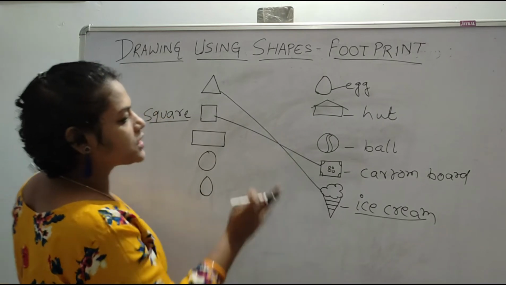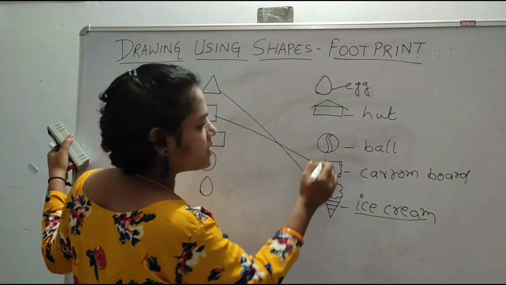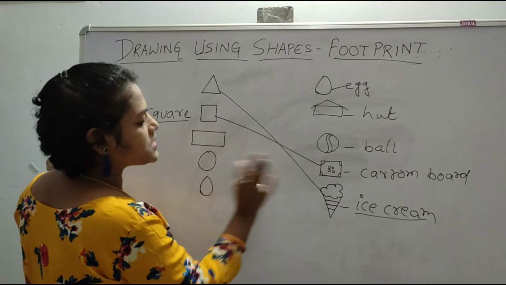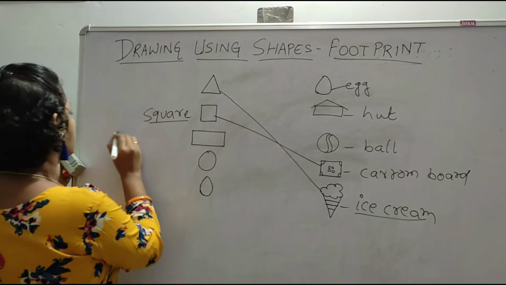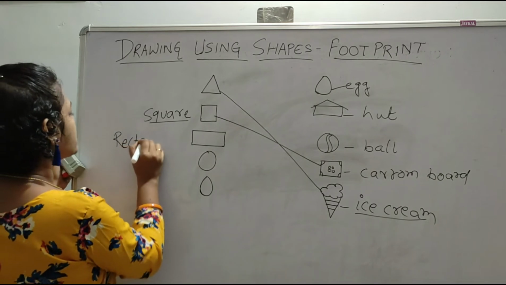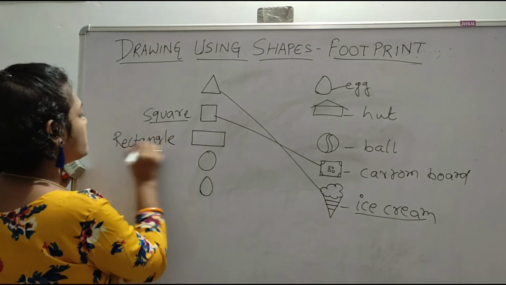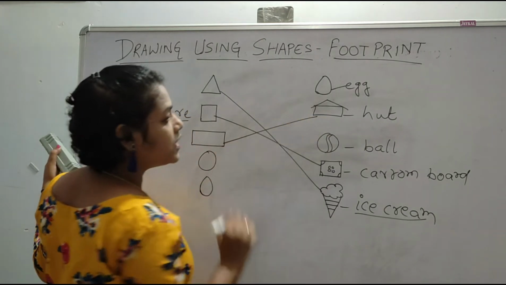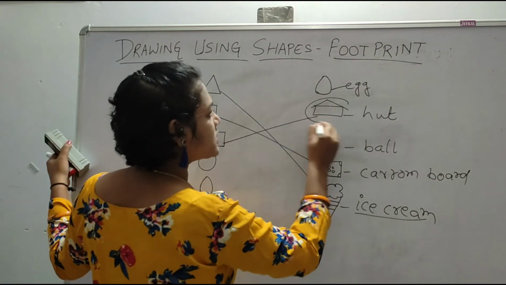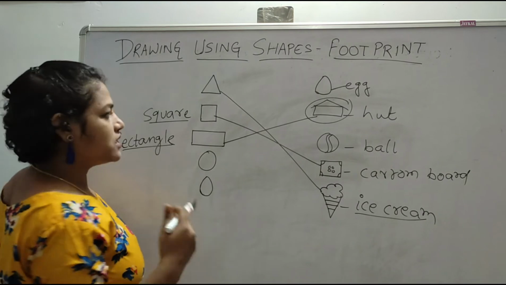Why? Because it again looks like a square shape. Now again, this is a rectangle. They remember this shape with the help of the heart. Why? Because it is again in a rectangle shape.